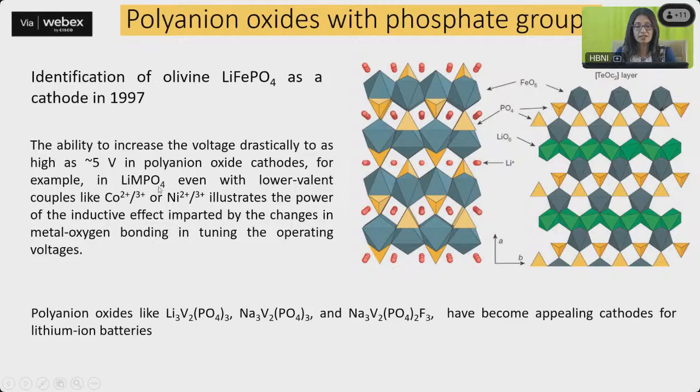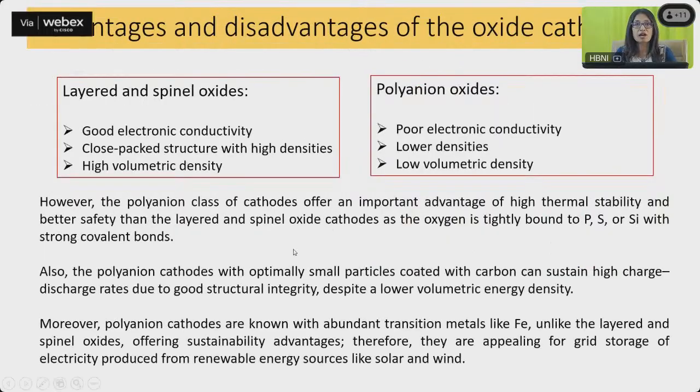For example, even with lower valent couples, like you can also use cobalt 2+/3+ or Ni2+/3+, the power of the inductive effect becomes very strong. So you have these different kinds of appealing cathode materials developed for lithium ion batteries: lithium vanadium phosphate, sodium vanadium phosphate, sodium vanadium fluorophosphate. All of these have become very appealing cathodes for lithium as well as sodium ion batteries.